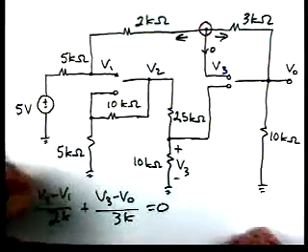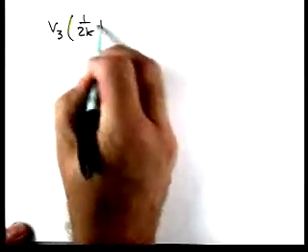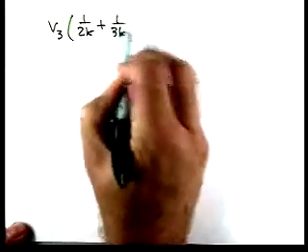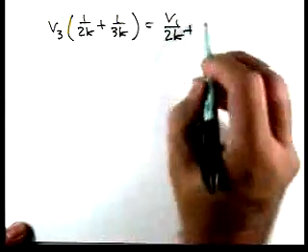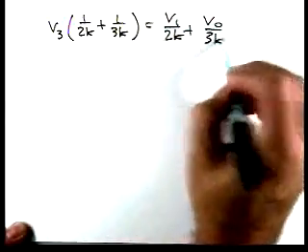Now if we work on this equation, we can collect terms. V3 times 1 over 2K plus 1 over 3K is equal to V1 over 2K plus V0 over 3K.